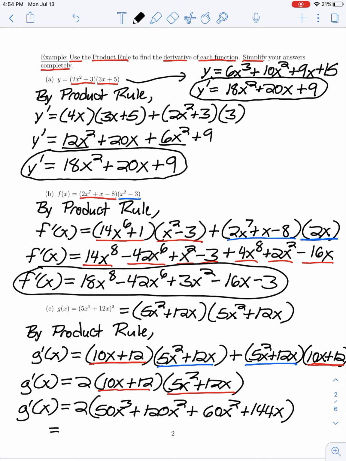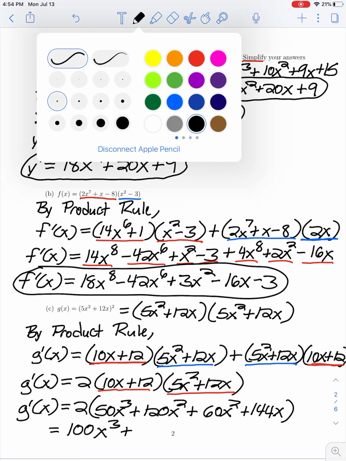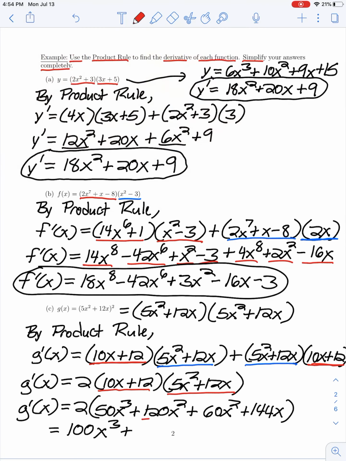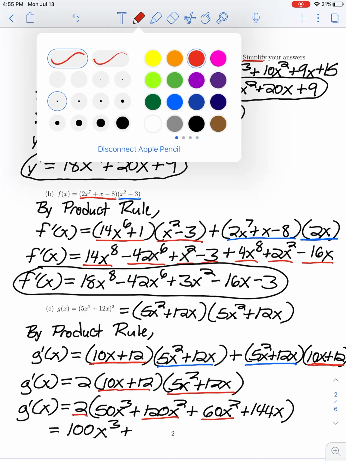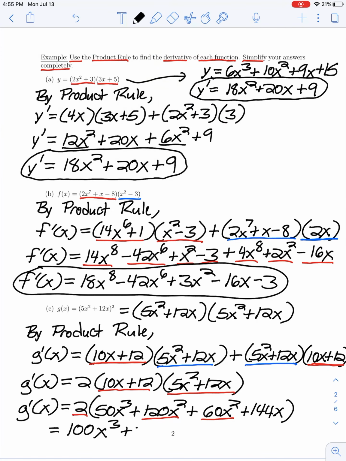Or distributing this constant factor of 2 out in front, I have 100x cubed plus, within our parentheses, 120x squared plus 60x squared. So that would be 180x squared, or when we distribute, 2 times 180 gives us 360x squared.